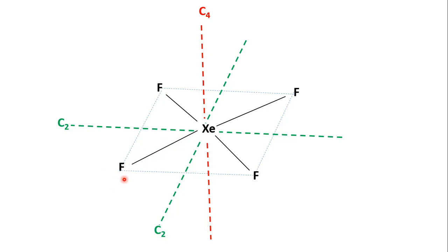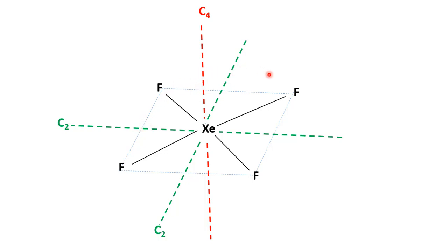This is one xenon fluorine bond, this is another xenon fluorine bond, and the C2 axis bifurcates the two xenon fluorine bonds. Likewise, this also bifurcates the two xenon fluorine bonds, and the C2 axes are present in the molecular plane, whereas C4 is perpendicular to the molecular plane. In essence, C4 and C2 are perpendicular to each other.